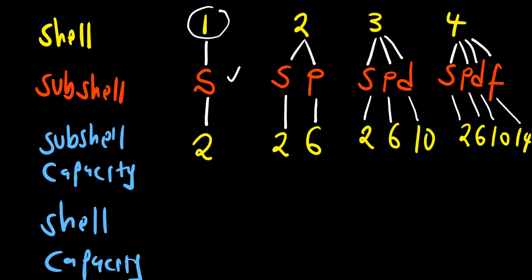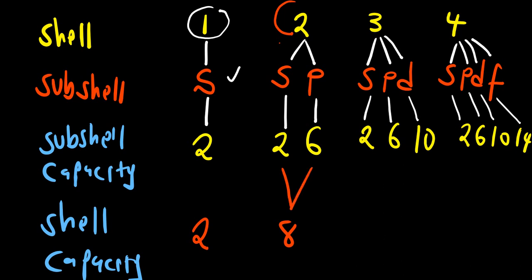Okay, so the maximum is 2. Then in the second shell we've got S and P. S has 2 and P has 6. So when we add them, what are we going to get? 2 plus 6, that is just your 8, like that.